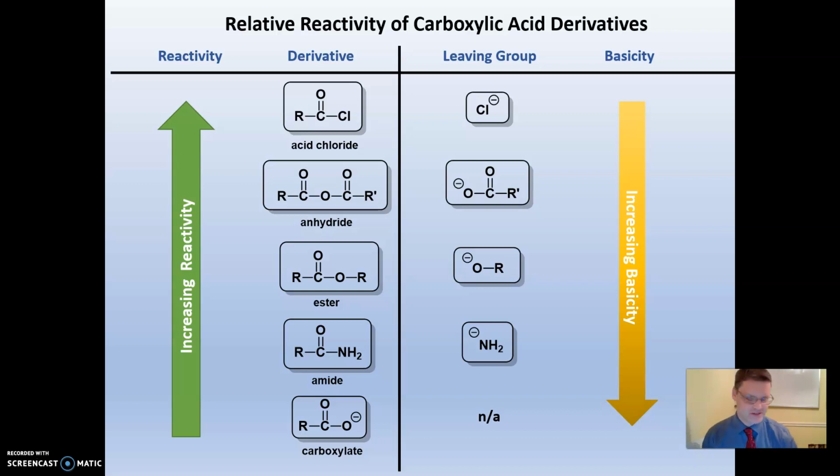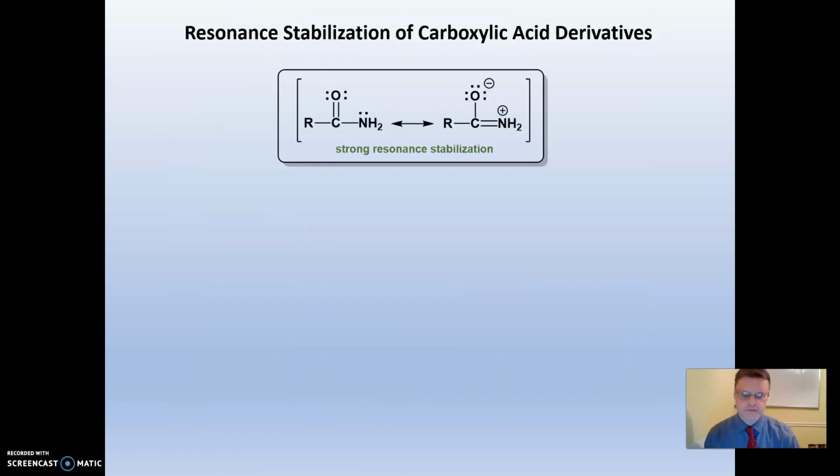Another way has to do with resonance stabilization of our carboxylic acid derivative. If we look at the amide, one of our carboxylic acid derivatives that is fairly stable, it has some strong resonance stabilization. So this lone pair on this nitrogen can delocalize, and we have this fairly important resonance contributor here.